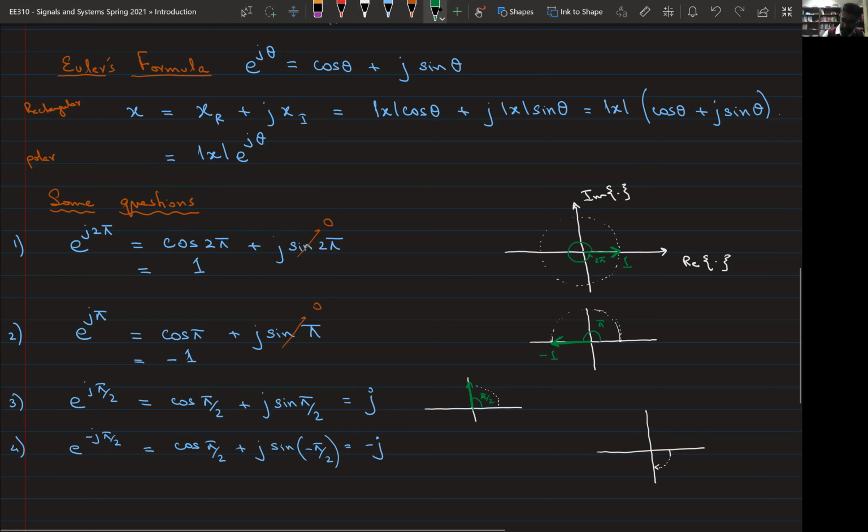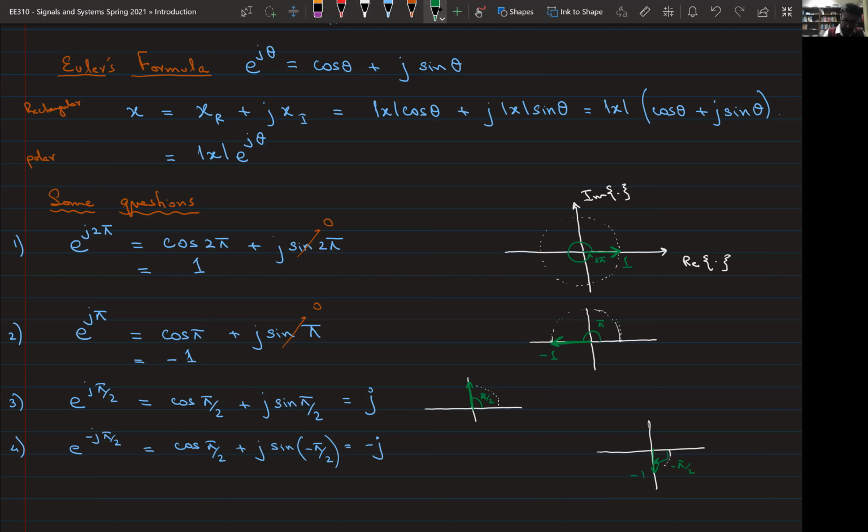This is minus pi by 2, and this is the height. This is -1. Apologies, this is not too clear. And this is minus pi by 2.